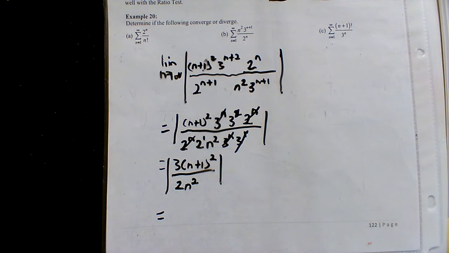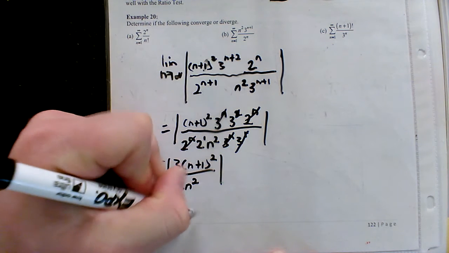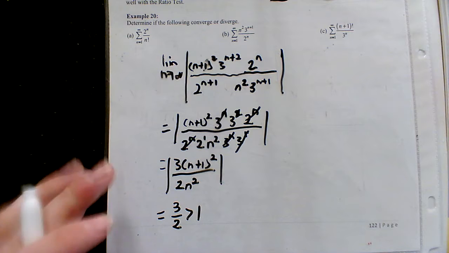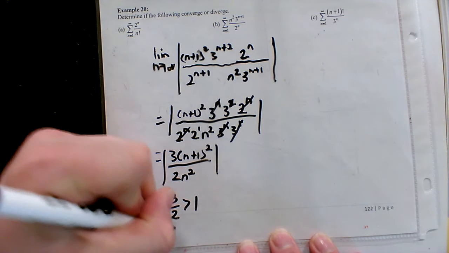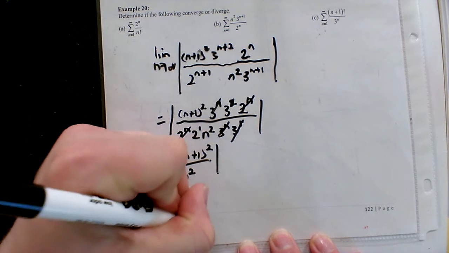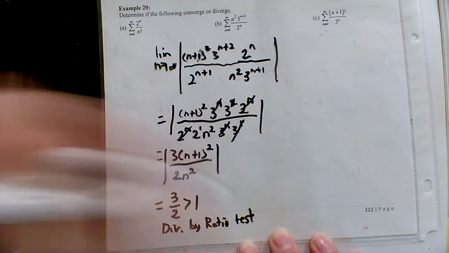Pay attention to your powers. 3 halves, the ratio. That is greater than 1, so what does this test tell us? Diverges by ratio test.